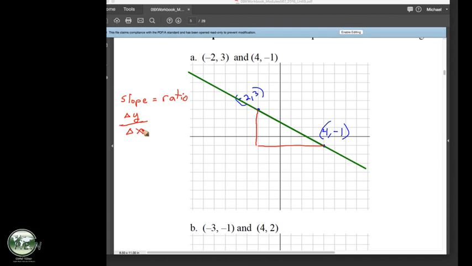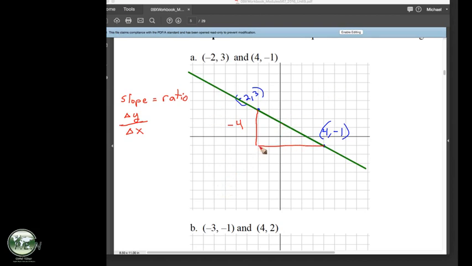Okay. So first of all, since we've got it drawn here, can we calculate the change in y? How would we do that? Just count, right? 1, 2, 3, 4. We went down 4. So how might you represent that? -4. So down is negative. And if we go backwards, that would be negative. If we go up, it's positive. If we go to the right, it's positive.